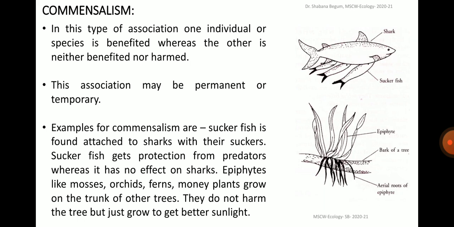The attachment is only temporary and the fish detaches itself and swims in search of food later. So, the suckerfish gets protection from predators, whereas it has no effect on sharks.